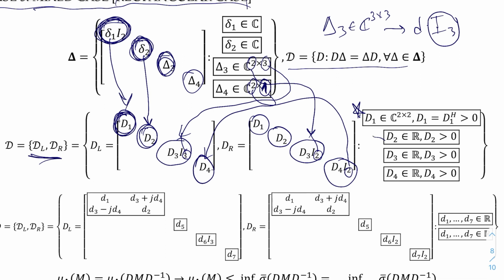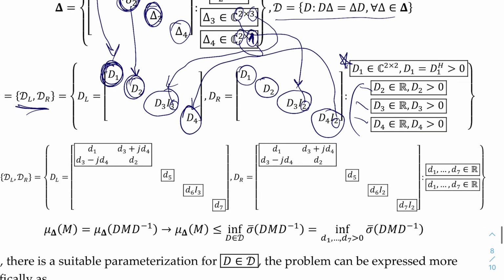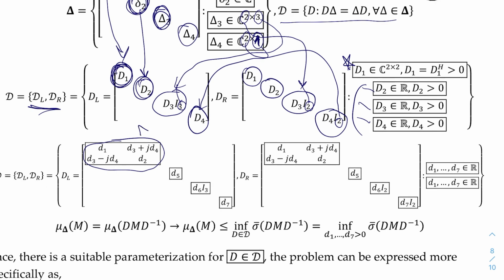Okay. So here D1 is Hermitian, D2, D3, and D4 are real numbers, right? And we again just parameterize the D1 matrix, right? As in the case, this is the Hermitian parameterization. We are familiar with that now. Now we use D1, D2, D3, D4, right?